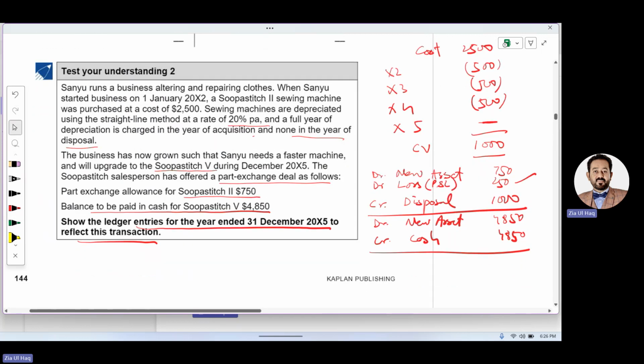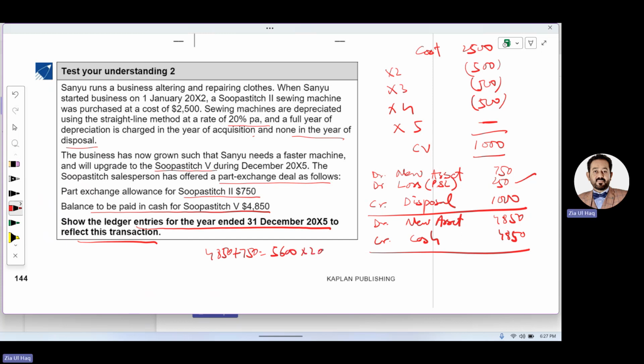This loss will go into the profit and loss account. What else will go into the profit and loss account? Depreciation for the current year for the new asset. It's not mentioned, but we need to charge depreciation, as every asset should be depreciated over its useful life, and the depreciation rate will be the same 20% for the new asset. What is the value of the new asset? 4,850 plus 750 will be 5,600.